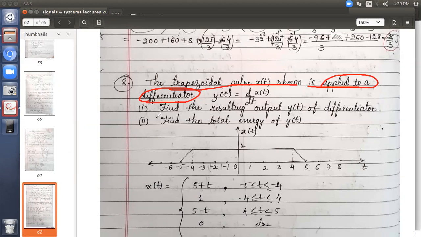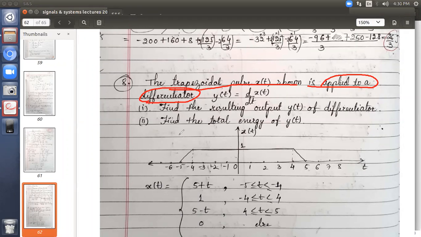After that, differentiation and integration. I had told you, while solving the problems, you will understand the differentiation operator. So this is one application of that.